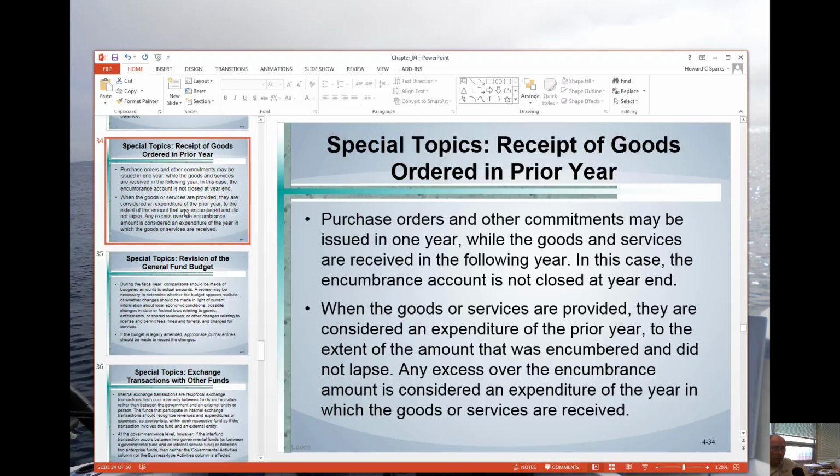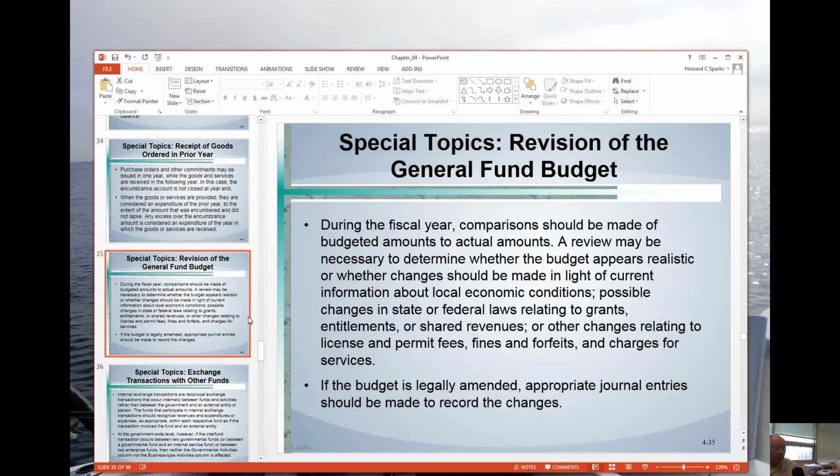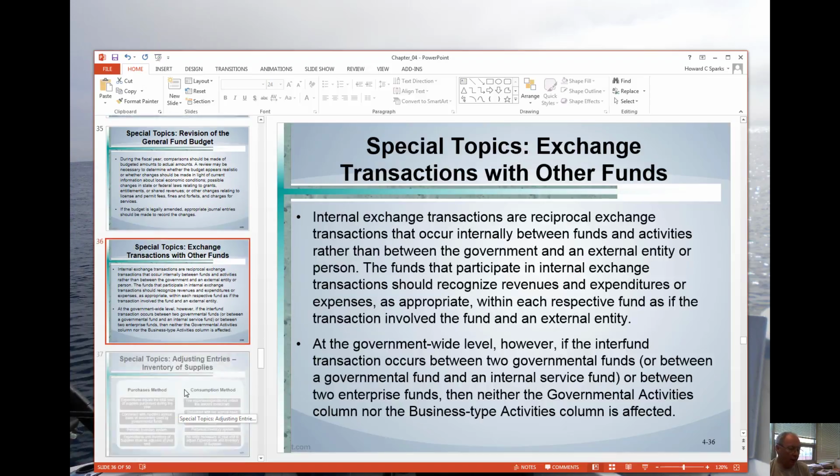The big thing here is that if you exceed the original estimated amount that the purchase order was issued for, you typically have to take those additional funds out of the current year budget. And if the goods come in lower, you don't typically get to spend those. It just rolls back into the unappropriated fund balance. Budgets get revised. You go through and do a legally binding budget amendment, and we have some problems that have you do that analysis.